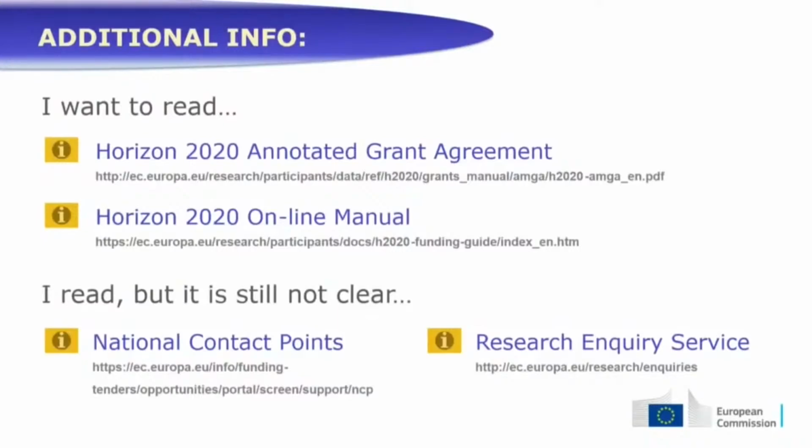And at the end, you also have the possibility to contact us directly, the Commission, via the Research Enquiry Service, where you can submit your specific question. It is going to arrive to me or my colleagues, depending on the area to which the question refers, and you will get a written answer by email directly from the Commission.